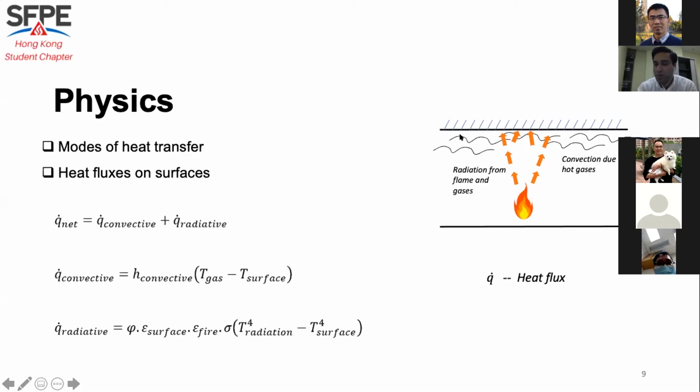These two modes of heat transfer are important when you are calculating thermal load on the structure boundary. So the total heat flux achieved at the surface is through the convective heat flux and the radiative heat flux. The convective heat flux you calculate using simple Newton's law of cooling, and the radiative heat flux can be calculated by Stefan-Boltzmann's law.